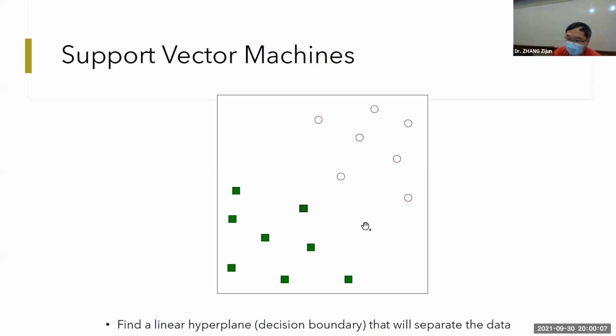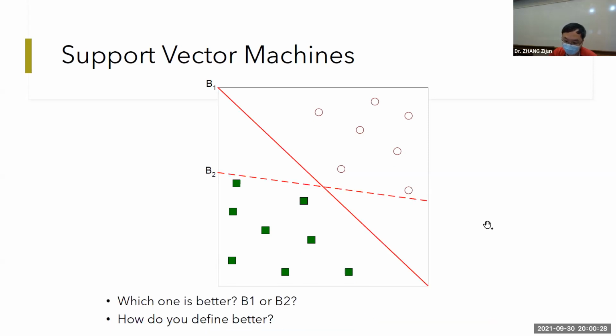How can we do the classification? We need to find a rule that will separate these two sets of data points. This rule can be a linear hyperplane, which also refers to a decision boundary, which will separate the data.